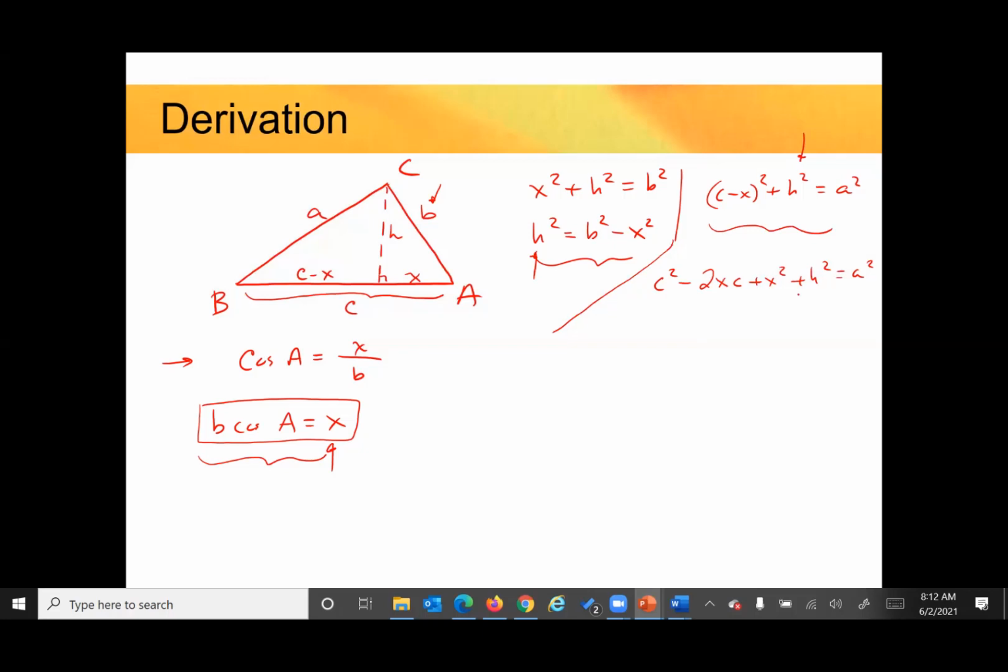Let's plug in our h squared now, and let's see what happens here. So this will be c squared minus 2xc plus x squared from my original. Then it's going to be plus b squared minus x squared is equal to a squared. Tell me if you guys are okay still with that. We can drop our parentheses. I just like to put in parentheses if I'm putting stuff into equations here.